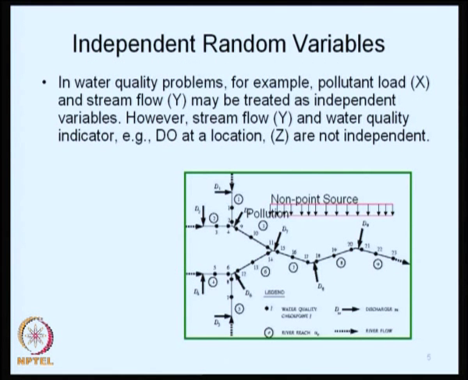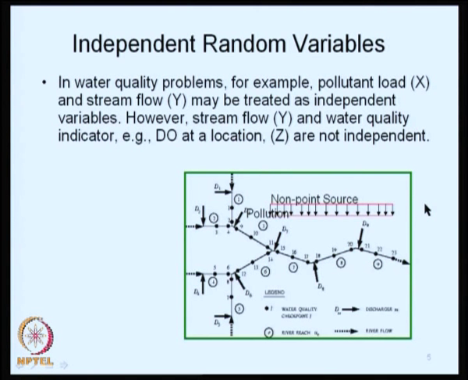You take another example, which in lecture number 1 we introduced, where we are interested in the water quality of a stream, which is primarily governed by the stream flows and the effluent load, that is the pollutant load that comes in at various locations.